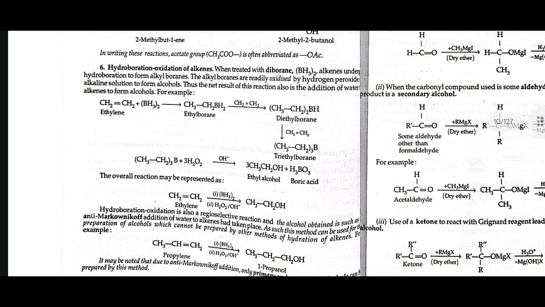6. Hydroboration-oxidation of alkenes. When treated with diborane, BH3, twice, alkenes undergo hydroboration to form alkylboranes. The alkylboranes are readily oxidized by hydrogen peroxide in alkaline solution to form alcohols. Thus, the net result of this reaction also is the addition of water to the alkenes to form alcohols.